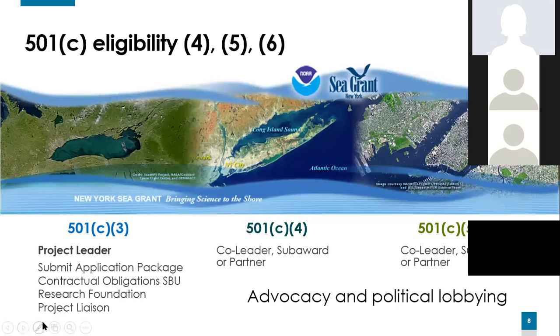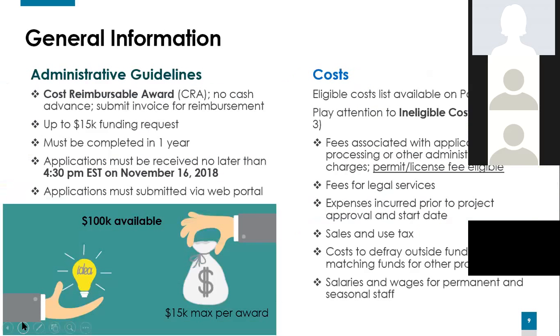This does not preclude the 501c4, 5, and 6, etc. to participate. What it does is it restricts how they're able to participate. And if anyone has questions afterwards, they can shoot me an email and I can try to deal with you on a one-on-one basis. Moving along.